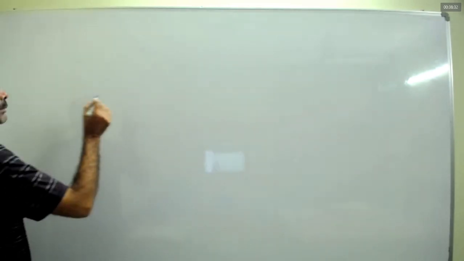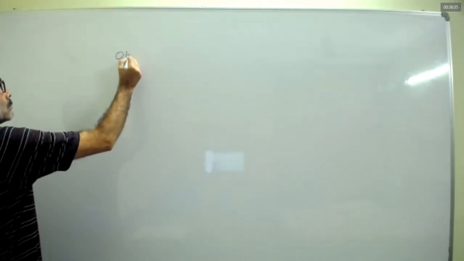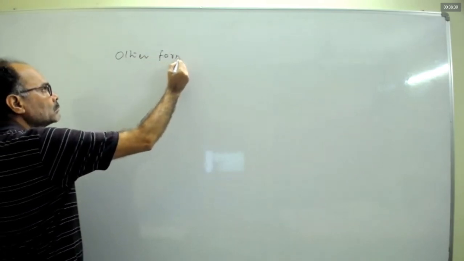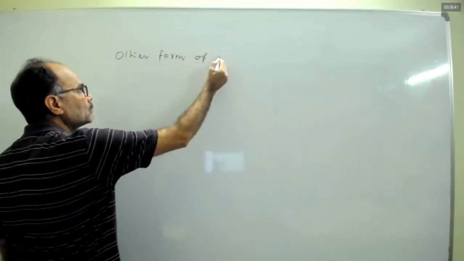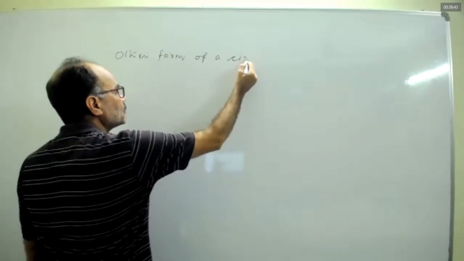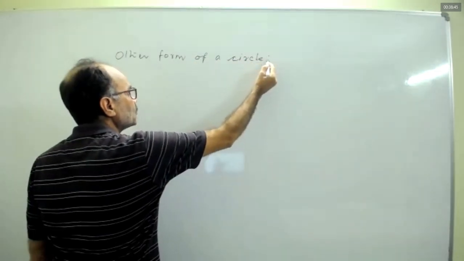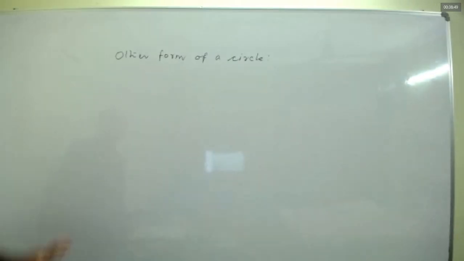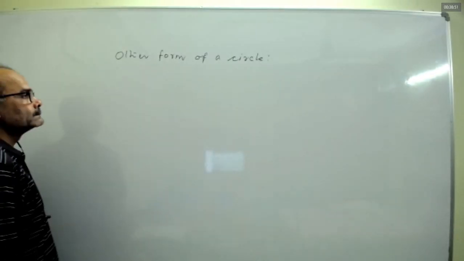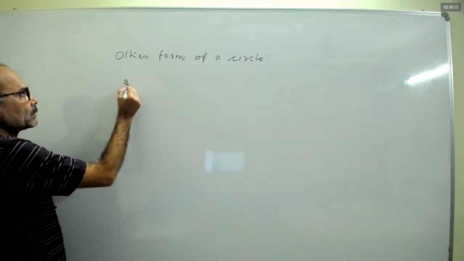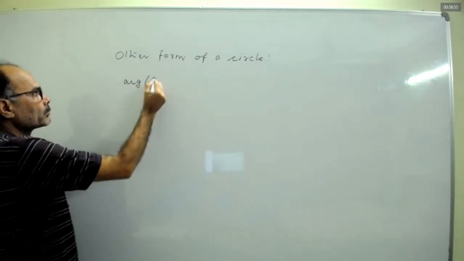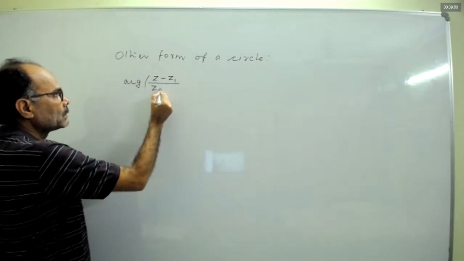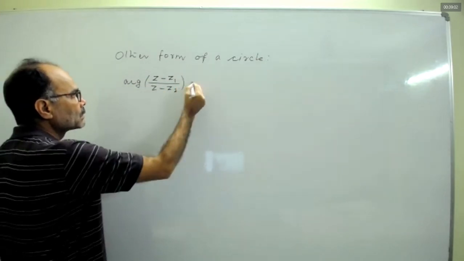The other form of a circle. Argument of (z minus z1) by (z minus z2) equal to theta.